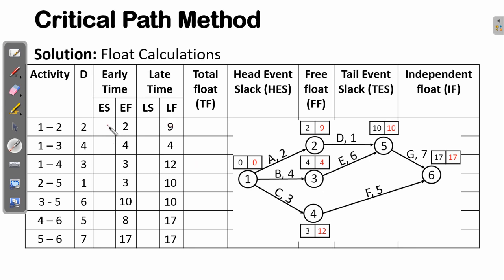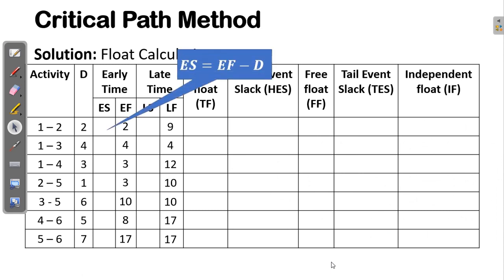For early start time and late start time, just use the following formula for simplicity. The early start time can be computed by taking the early finish time minus duration D.